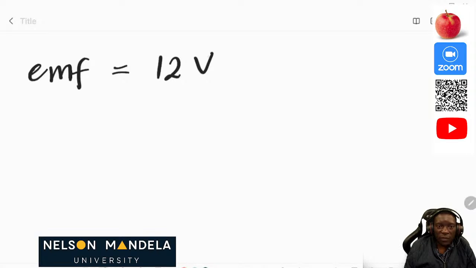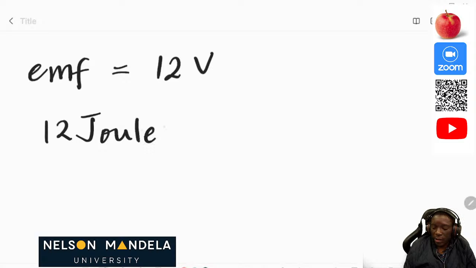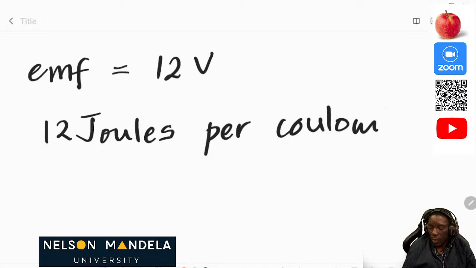By saying the EMF is 12 volts, this means that we are converting 12 joules of electrical energy per coulomb. The electrical energy that the battery supplies is a maximum of 12 joules per unit charge, per coulomb. So the amount of energy obtained from the battery will be 12 joules per coulomb. So this is what 12 volts would mean.